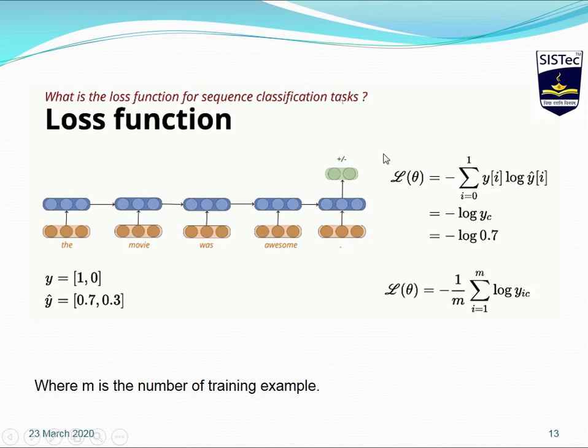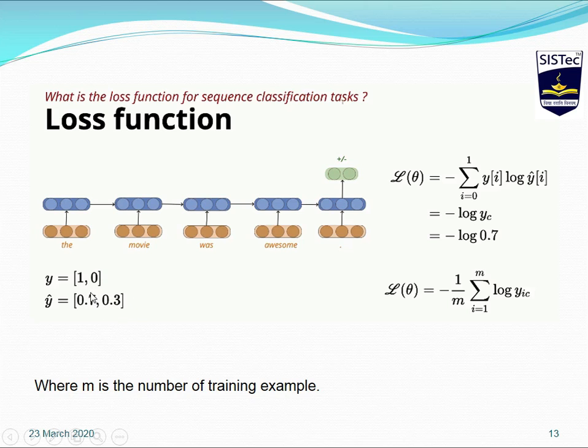Now in this case the actual output is either 1 0 or 0 1, and we are using the sigmoid activation function at the output layer. So it will give the probability of each class. For example, the probability of 0 is 0.7 and the probability of 1 is 0.3.